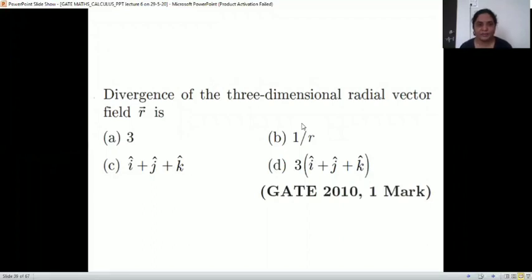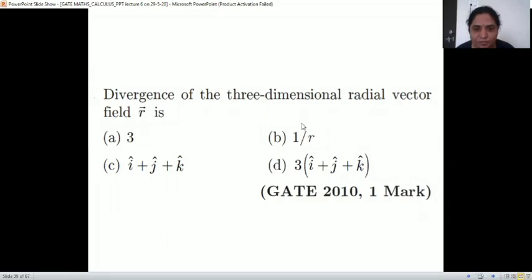Del dot R bar. What is del dot R bar? It is a standard one. What is the answer?